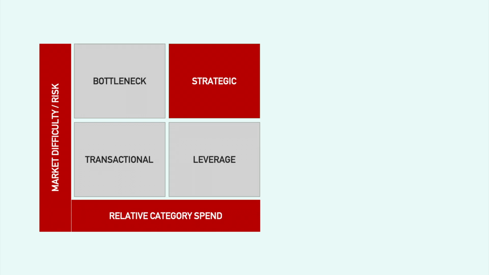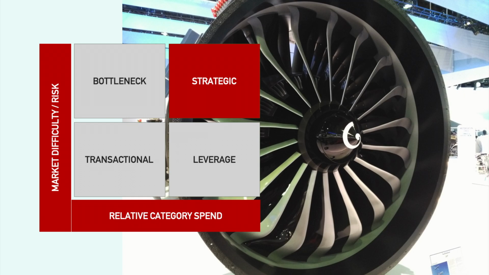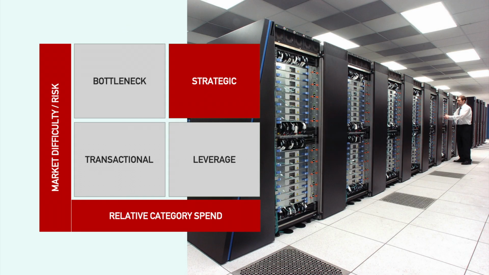These categories represent high spend yet high difficulty, where relationships are codependent, important for both the customer and for the supplier. For a civil aerospace company, the supply of aero engines would be an excellent example. For a bank, IT services would fall into this classification. Procurement will be leading, or at least part of, a cross-functional team in managing the category and suppliers, and senior executives are likely to take an interest.